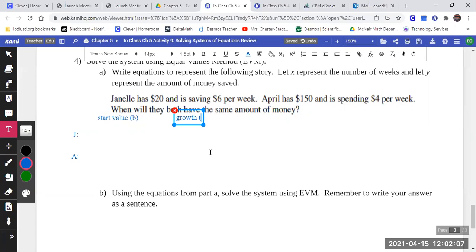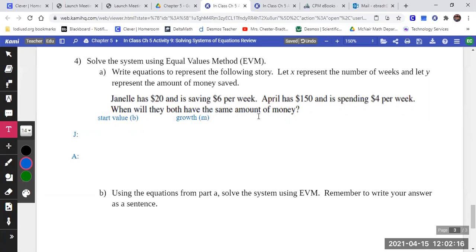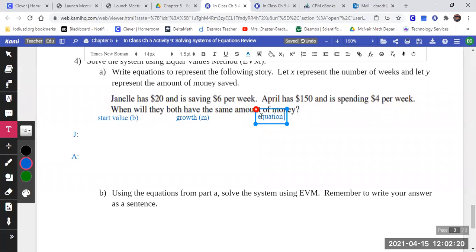What letter from our format is the growth? N. Okay. So we are going to be creating from that information our equation. And our equation is supposed to look like what? Y equals mx plus b.